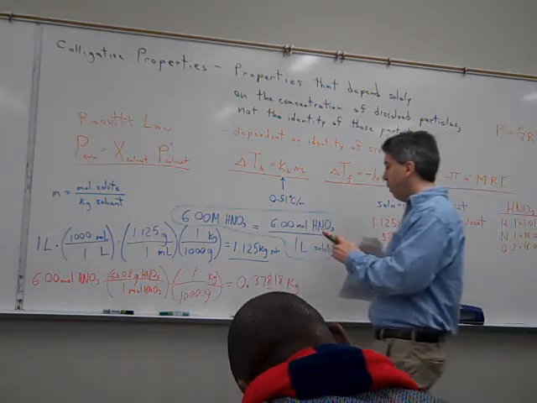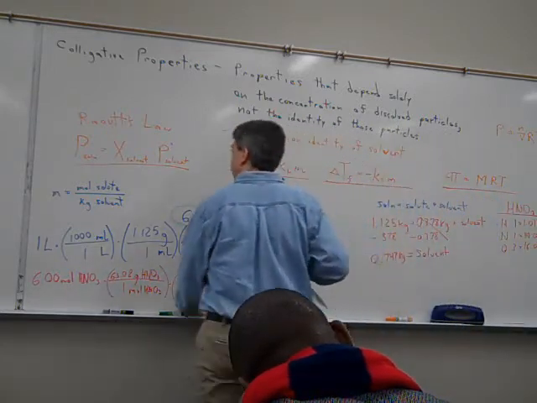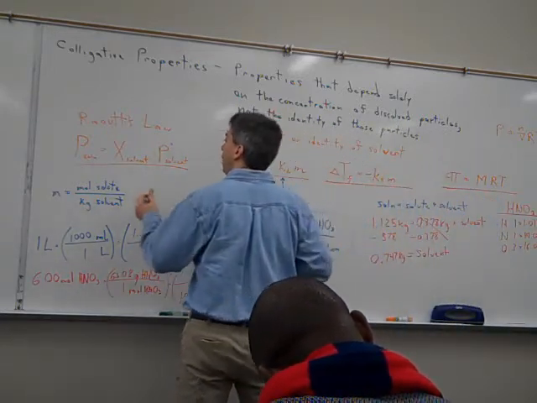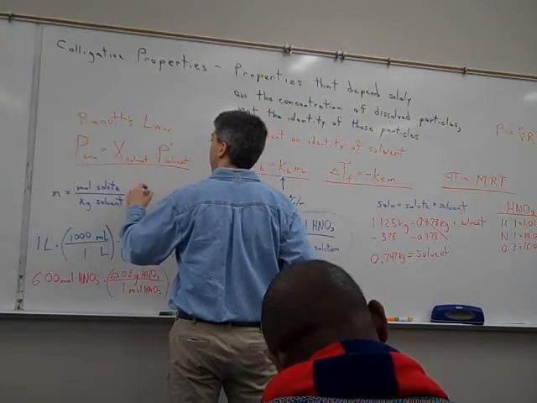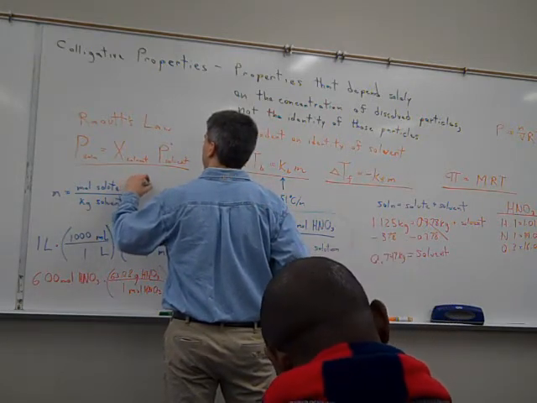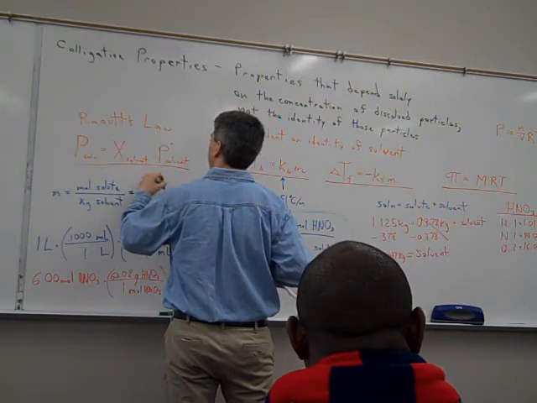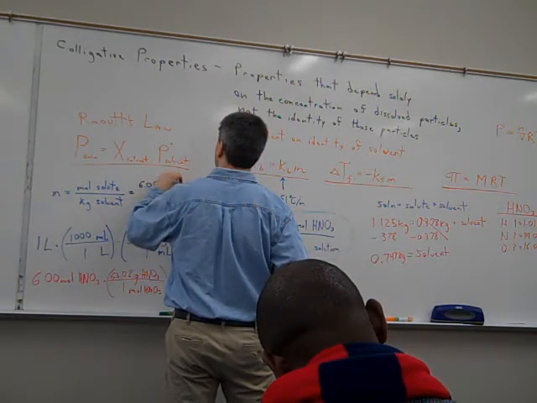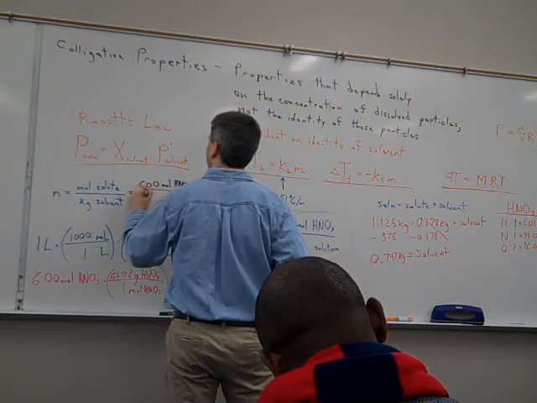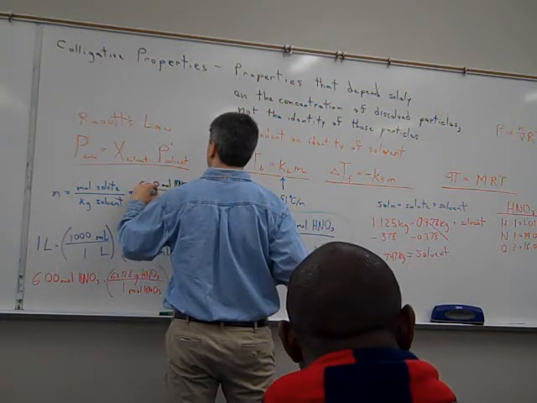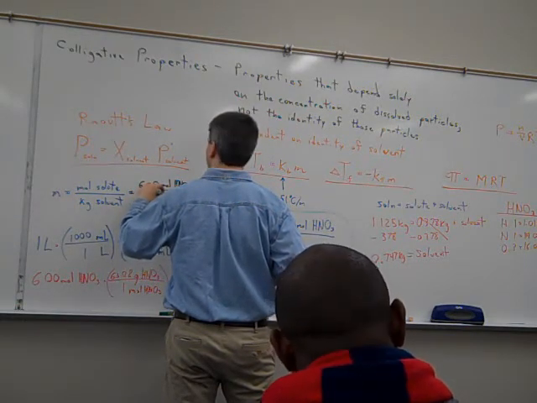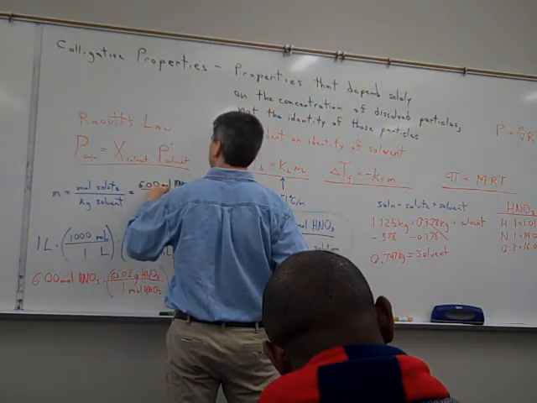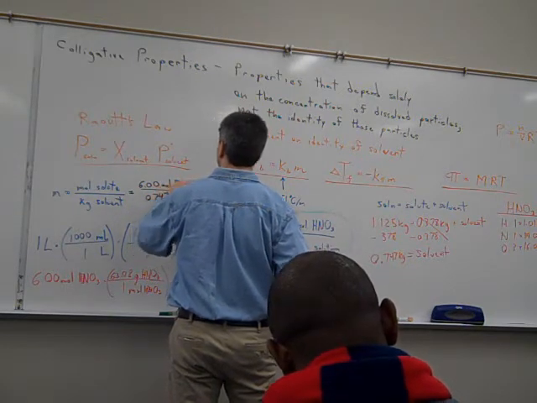I can now finally go back here and calculate my molality. 6.00 moles of HNO3 over 0.747 kilograms of solvent.